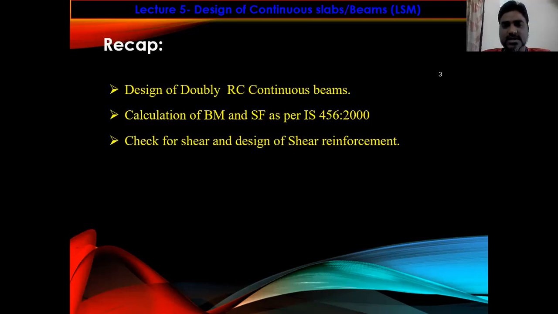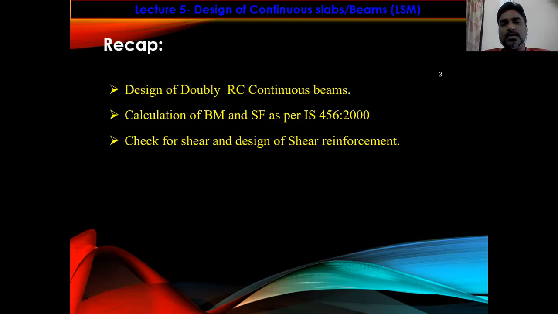So we have discussed the difference between doubly reinforced and singly reinforced, and how to identify whether it is a doubly reinforced beam or singly reinforced beam while designing, right? As we discussed in the last class, this depends upon the dimensions and the moment which is developed within the beam, right? So these things we discussed in the last class.